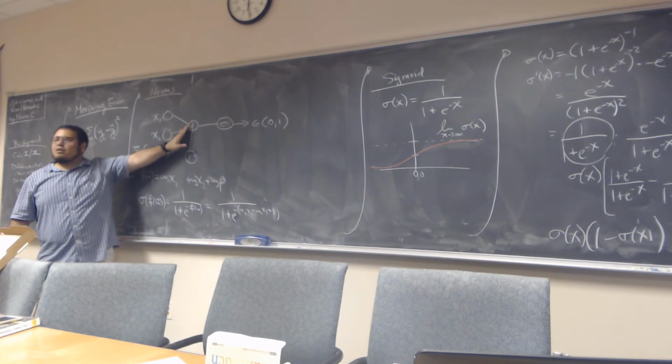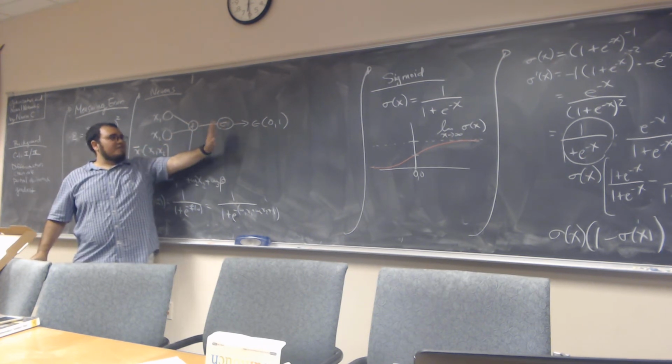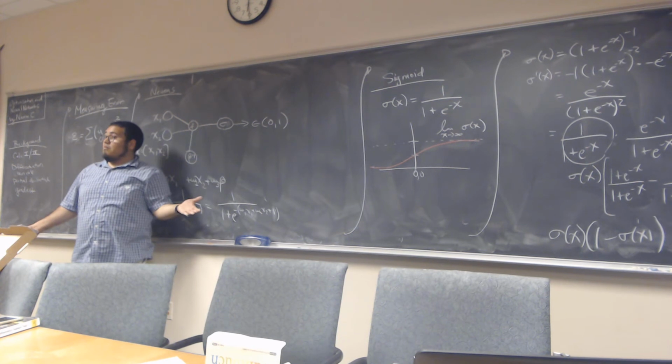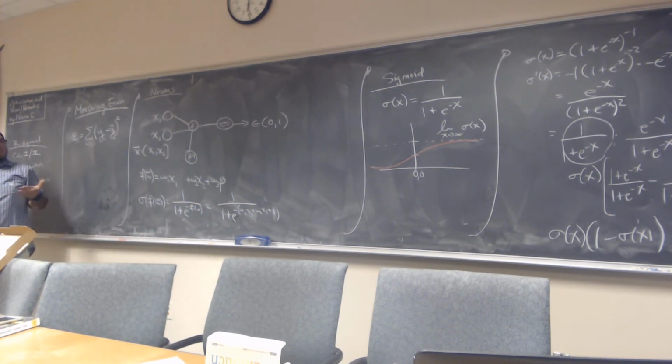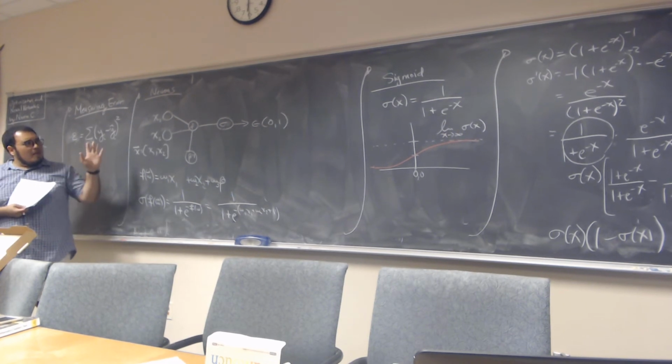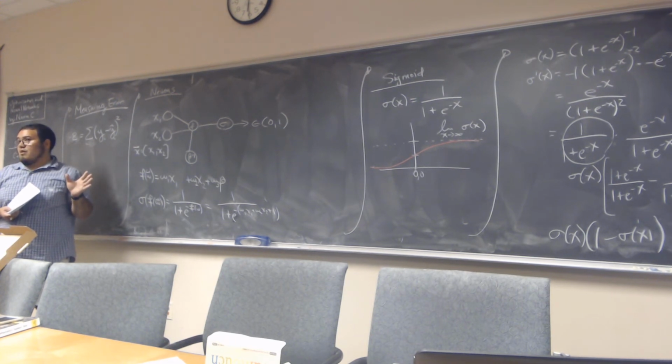And then we take that linear combination and we plug it into sigma, and then out of sigma comes some value between 0 and 1. This thing, in an ideal world, would predict what we want for the XOR problem. But this neuron by itself can only represent that single boundary line.